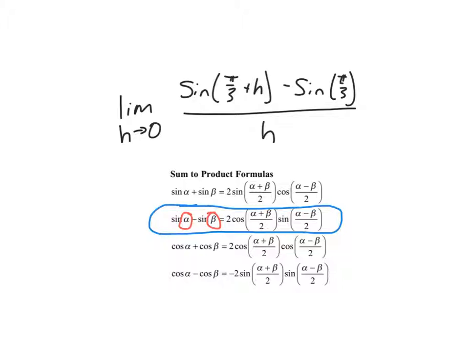And if we're going to use this, we need to know what we're going to identify as alpha. For us, alpha will be the first argument, which is pi over 3 plus h. And beta will be the second argument, which is just pi over 3. And we will use this substitution and this identity to rewrite the limit and see if we can evaluate it.